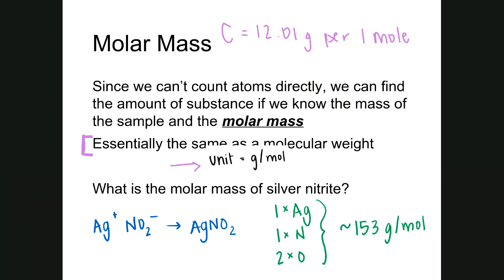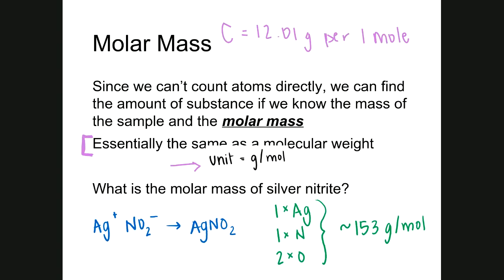And go to your periodic table and see if you get the same amount as me. So silver is 107.87 plus nitrogen is 14 plus 2 times 16, and we get around 153, 154, depending on what periodic table you're using, but it should be in that general area.